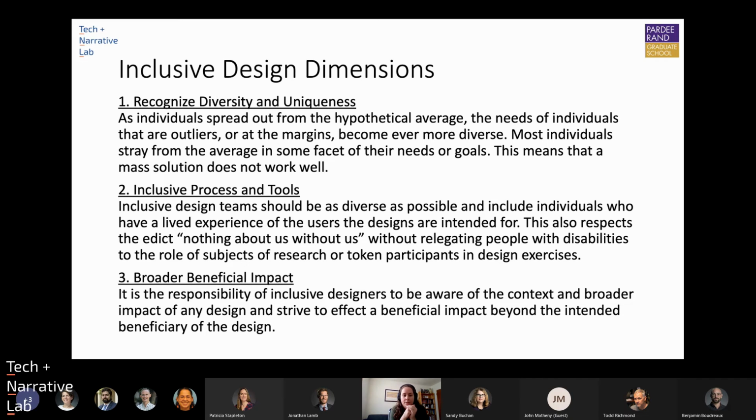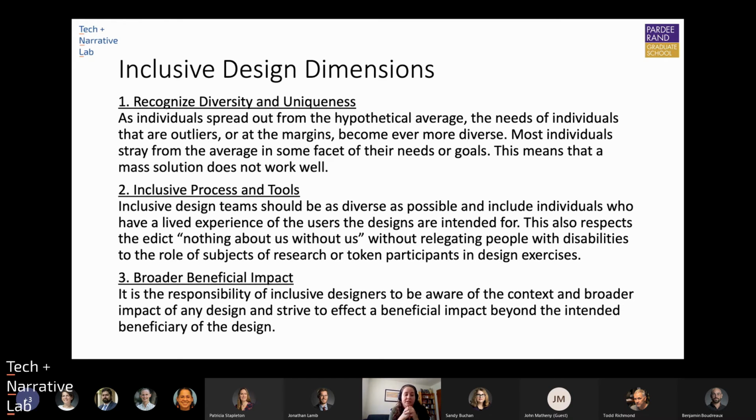And then the second point is about inclusive process and tools, and this really relates to the community participation group as well. It's about thinking about how the design of technology is created and building in diverse perspectives and community partnership throughout that process, which is one of the key principles of inclusive design.